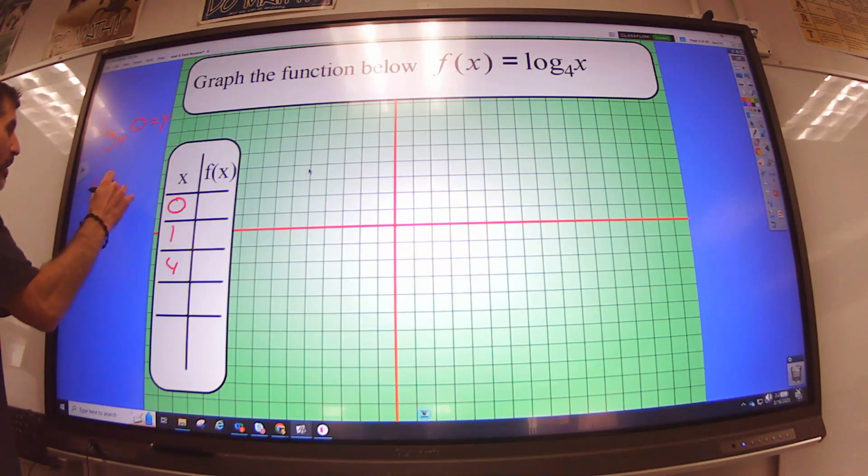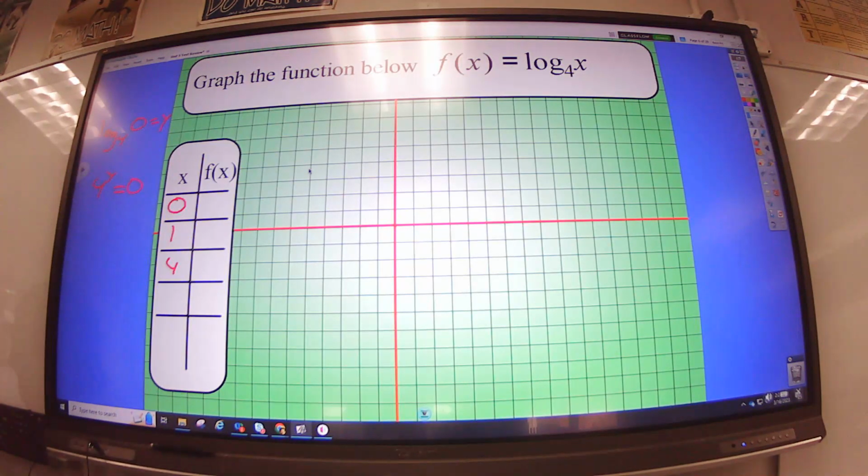And you can also do the change of base: log 0 over log 4. It'll say error. Or what my calculator says, because it's cool, it says foo. F-O-O. No solution.